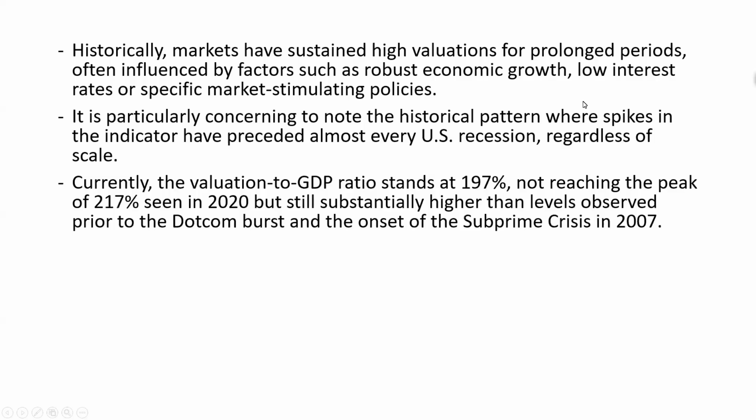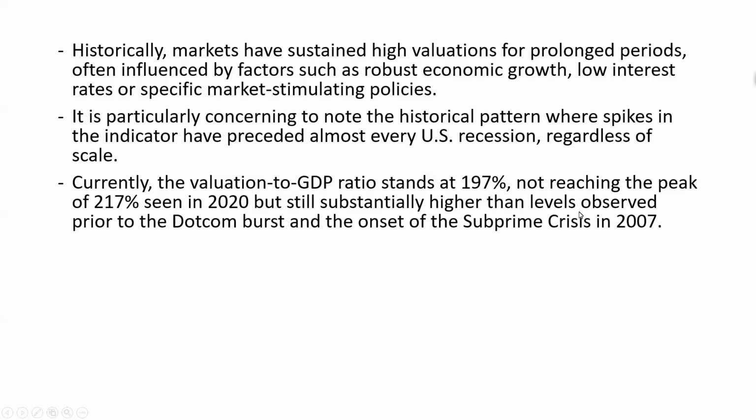Now, currently, the valuation to GDP ratio stands at 197%, not reaching the peak of 217% seen in 2020, but still substantially higher than levels observed prior to the dot-com bust and the onset of the subprime crisis in 2007. So year 2000, 2007, basically 197, as you've seen in the chart earlier, we are there right now.